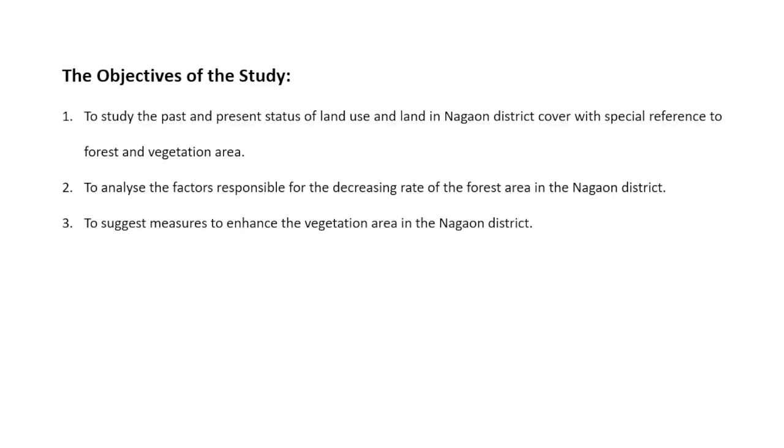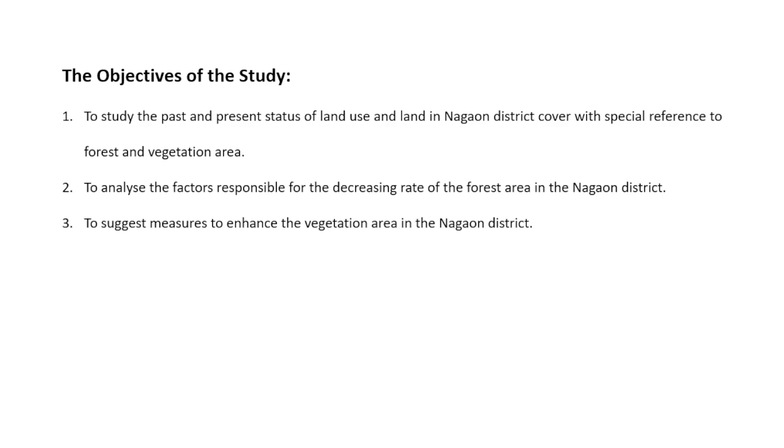The second objective focuses on analyzing the factors responsible for the decreasing rate of forest area in Nagaon district. This involves investigating various anthropogenic and natural factors contributing to deforestation and forest degradation. Factors such as population pressure, agricultural expansion, illegal logging, and infrastructural development are likely to be examined.